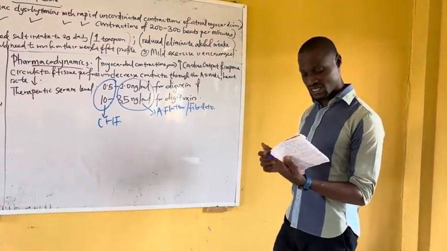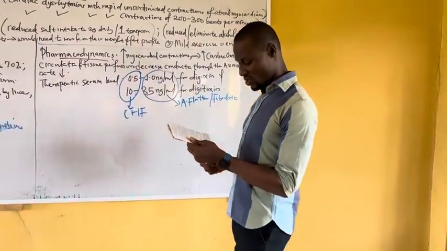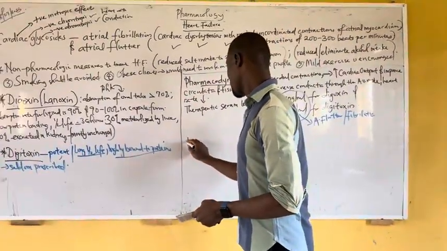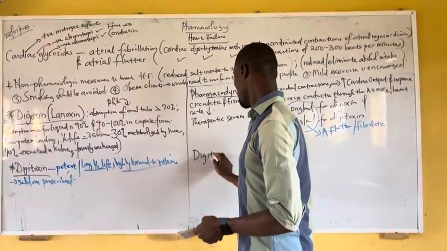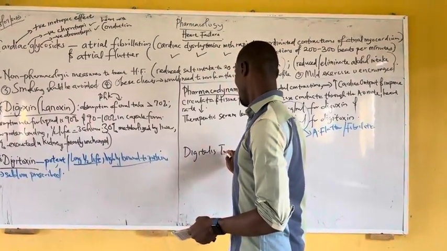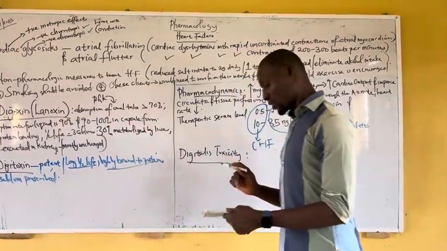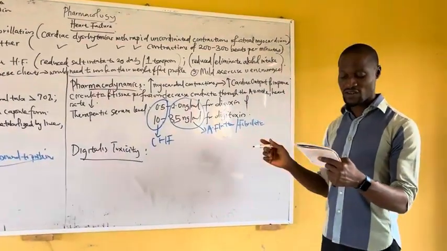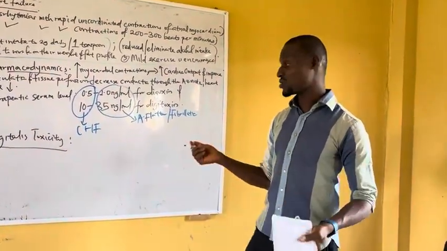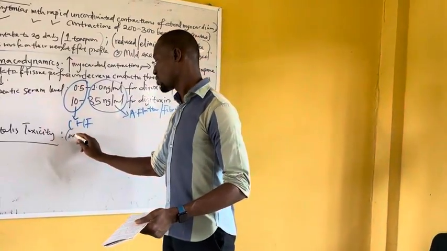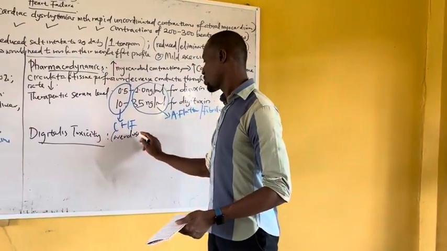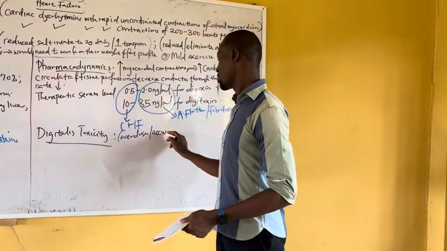So the digitalis toxicity is the next point here. Digitalis toxicity is caused by overdose or accumulation of digoxin.